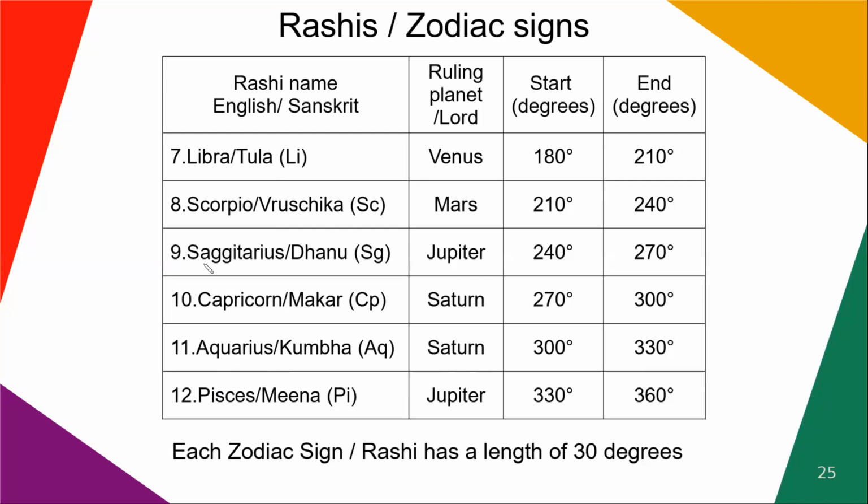Jupiter rules Rashi number 9 and 12, that is Sagittarius and Pisces, while Saturn rules Rashi number 10 and 11, Capricorn and Aquarius. Take some time to read through the Rashis, their lords, and their start and end degrees in the zodiac, along with their numbers. Numbers are more important in placing it in the birth chart.